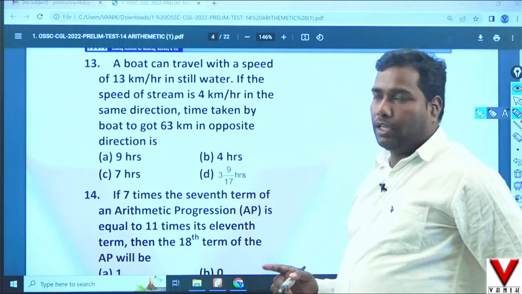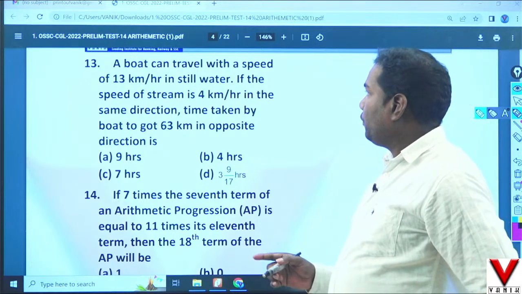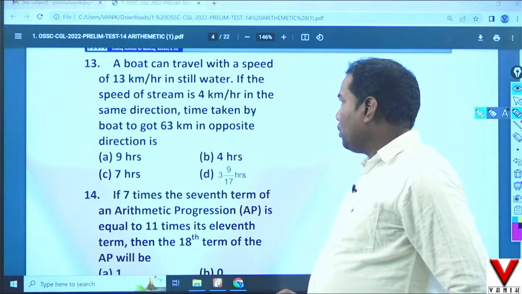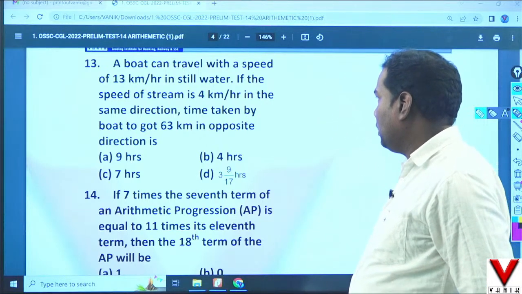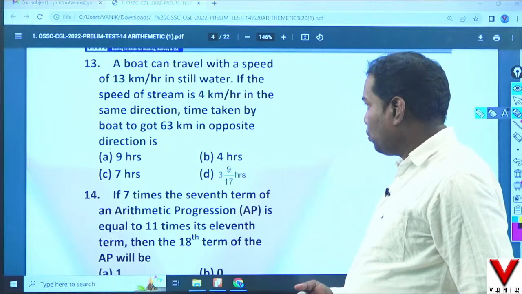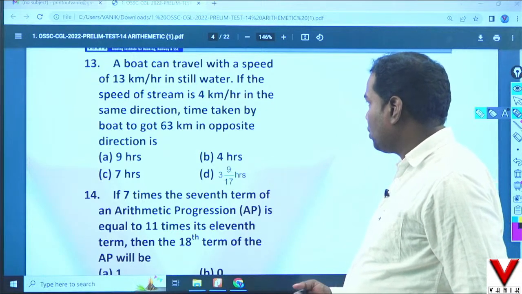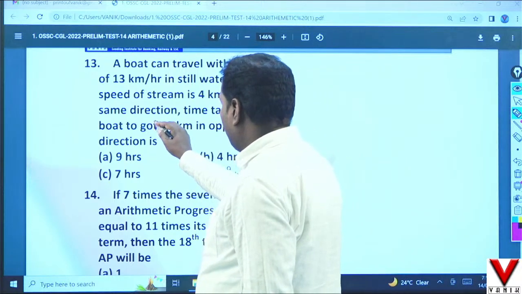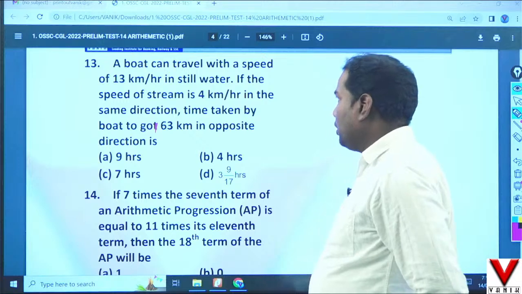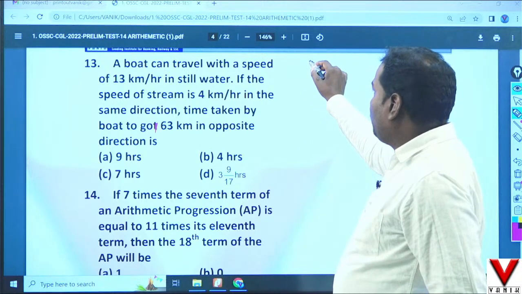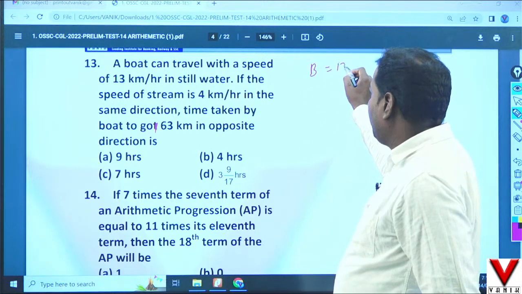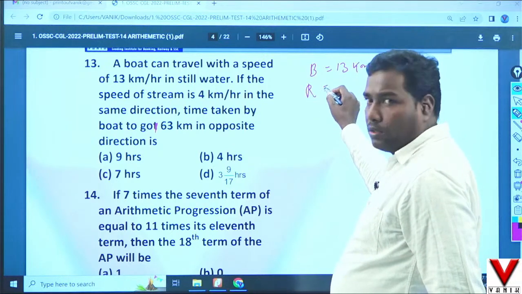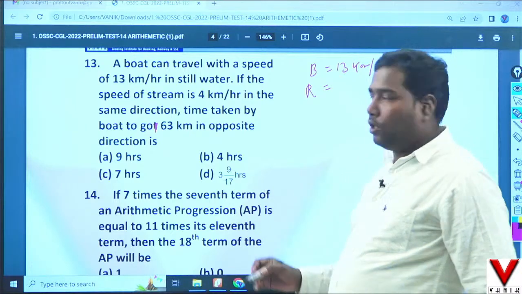If the speed of stream is 4 km per hour in the same direction, time taken by the boat to go 63 km in the opposite direction is what? So here boat speed is equal to 13 km per hour and river speed is 4 km per hour.